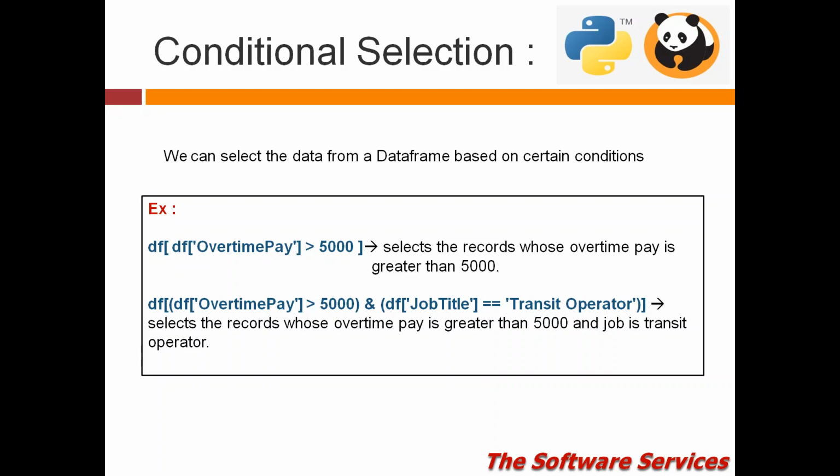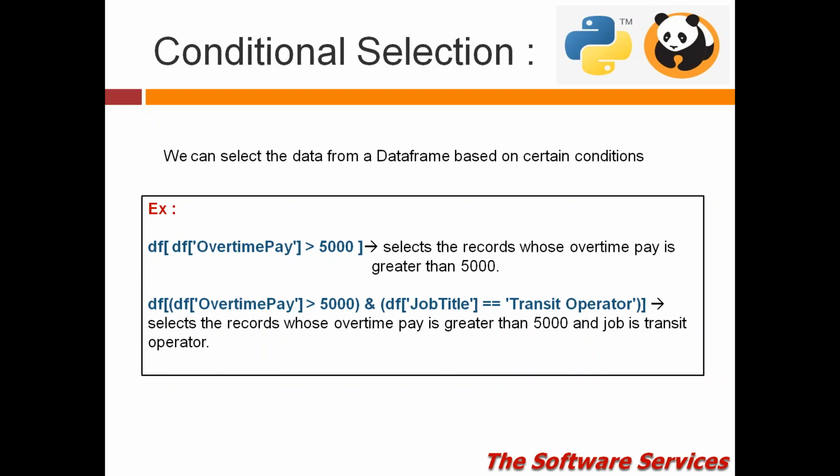So in the database, we have so many rows. Say some thousands of rows will be available. And what if we need the employees whose salary is greater than 5,000?